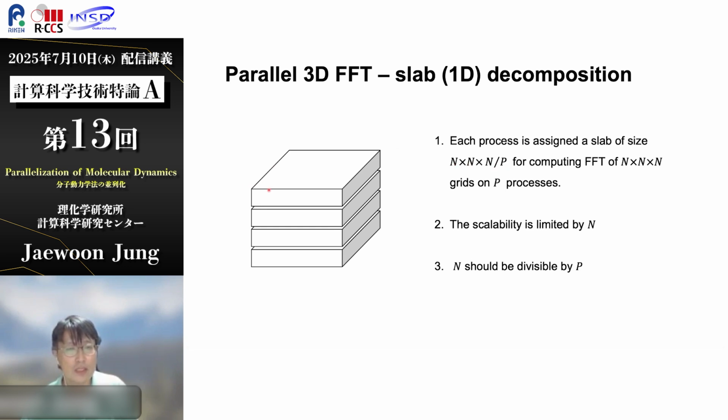So if you consider x and y, they have all of the data, but in the z direction, they have only partial data, dividing n by the number of processors p. And in this way, the scalability is limited by this grid number. And for good parallelization, we prefer a situation where n is divisible by the number of processes.